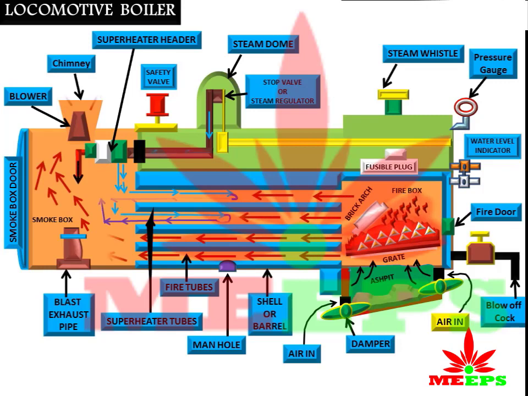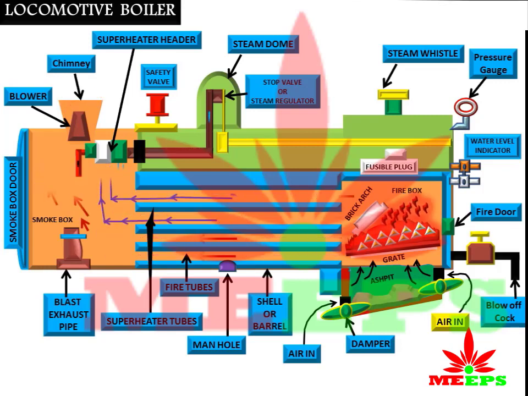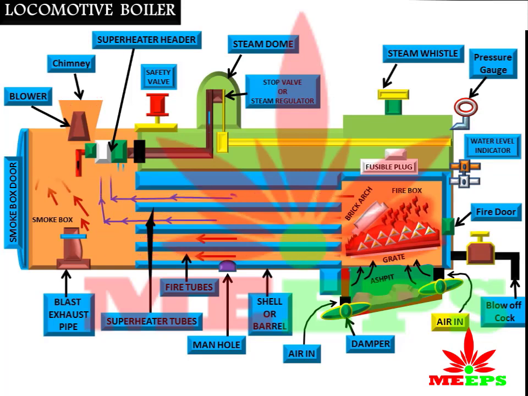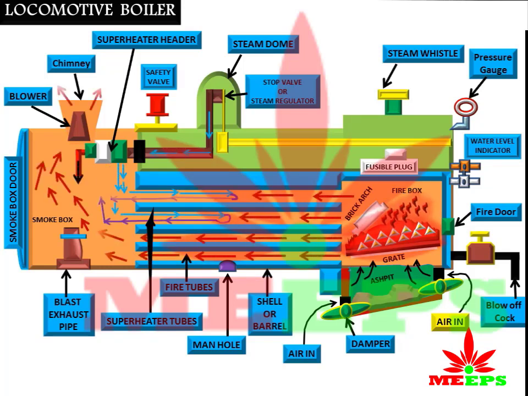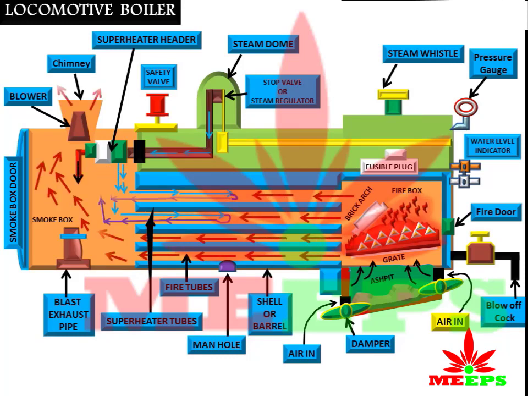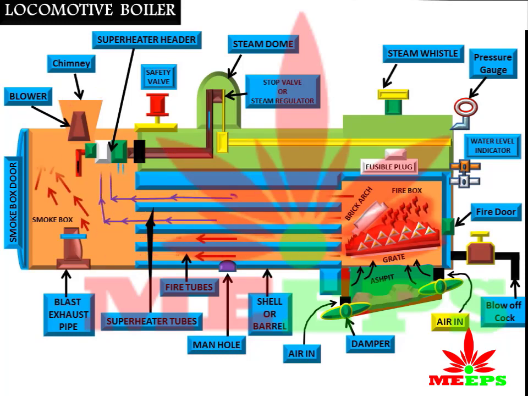And in the locomotive boiler, the barrel diameter is 2.095 meter, and length of barrel is 5.206 meter, size of superheater tubes 14 centimeter, number of superheater tubes 38, size of ordinary tubes 5.72 centimeter, number of ordinary tubes 116, steam capacity is 9000 kg per hour, working pressure is 14 bar, grate area 4.27 meter square, and coal burnt per hour is 1600 kg, heating surface is 271 meter square, and efficiency of this boiler is 70%.